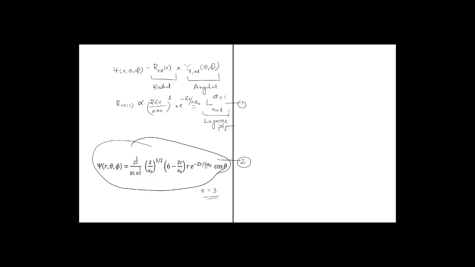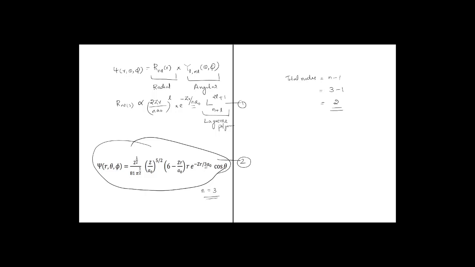Using this n value, we can directly calculate the total number of nodes. Total number of nodes is equal to n minus 1, that is equal to 3 minus 1, which is equal to 2.